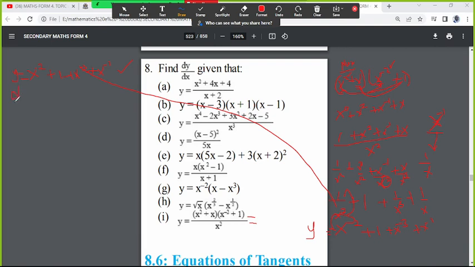So we get change in y over change in x will be equals to, so -2x -2 -1 -3 plus, that 0 has gone. Differentiating a constant becomes 0, so we don't need that one.